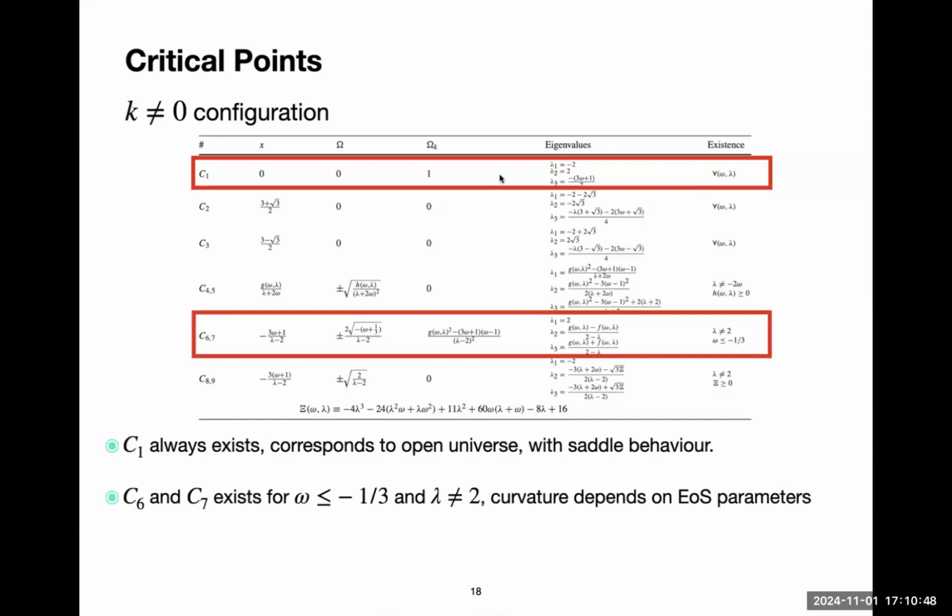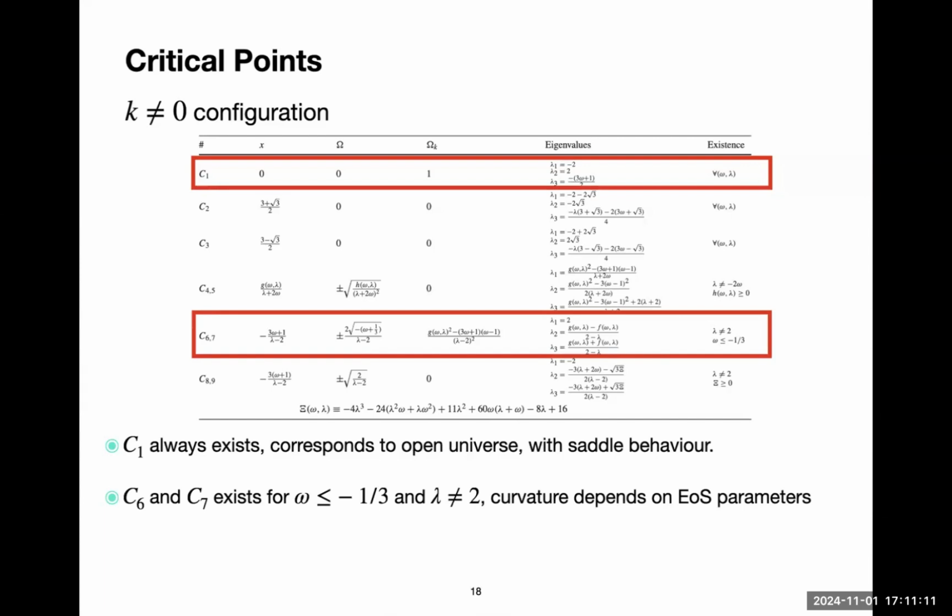But C6 and C7 exist only when the equation of state is less than or equal to -1/3, and the condition on lambda is that it shouldn't be equal to 2. So the curvature of the C6 and C7 points depends on the equation of state parameters.